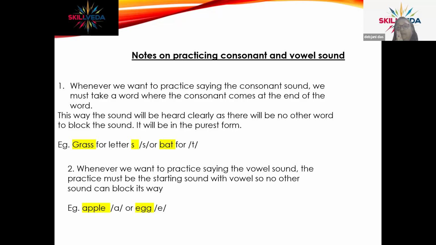See, when it is ending with a consonant, we have to see that no other sound is blocking the way. Like when we are teaching the sound t, or the sound p: on, can, pan, tan, pin.